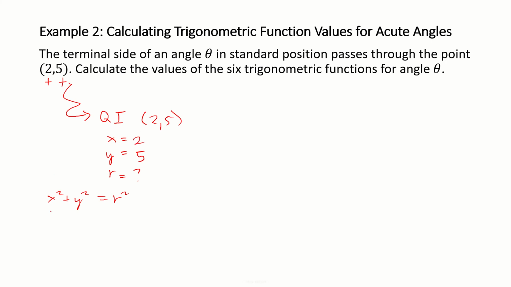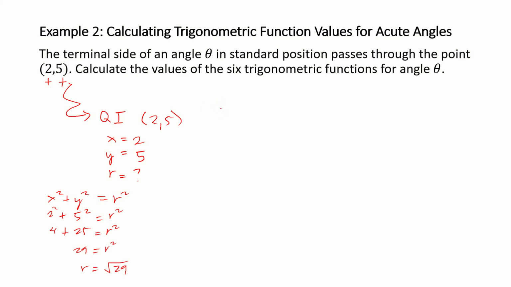So 2 squared plus 5 squared is equal to r squared. 2 squared is 4, 5 squared is 25. Then 25 plus 4 is 29. So therefore, r is square root of 29. Then you can figure out already the six trigonometric functions.